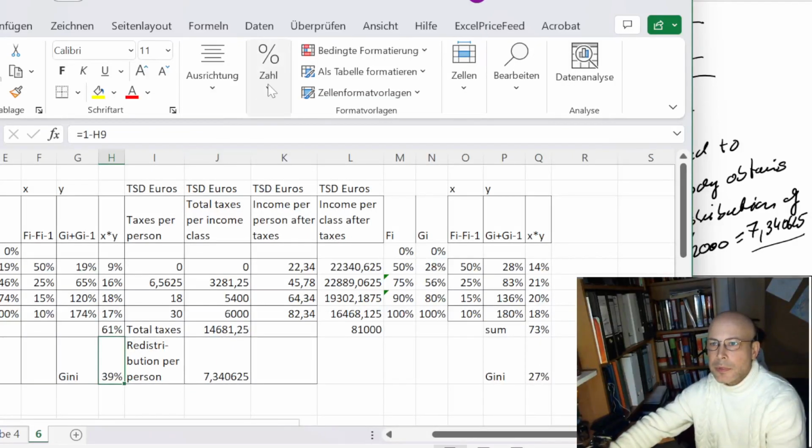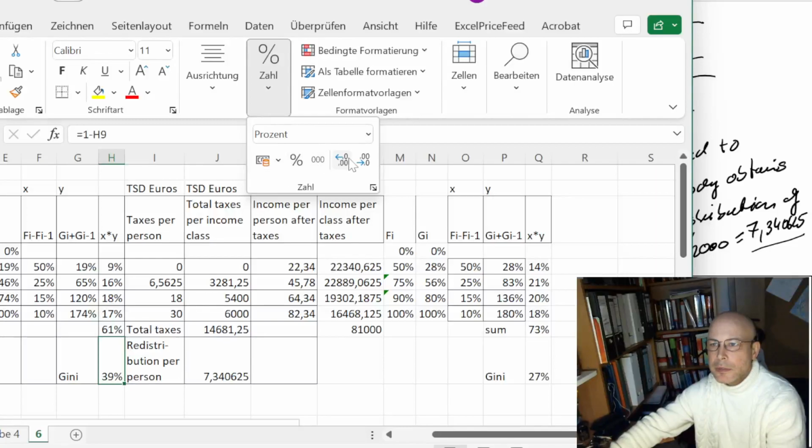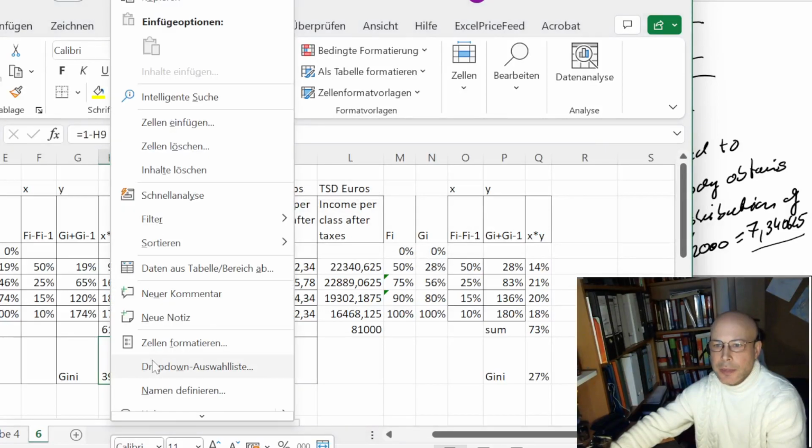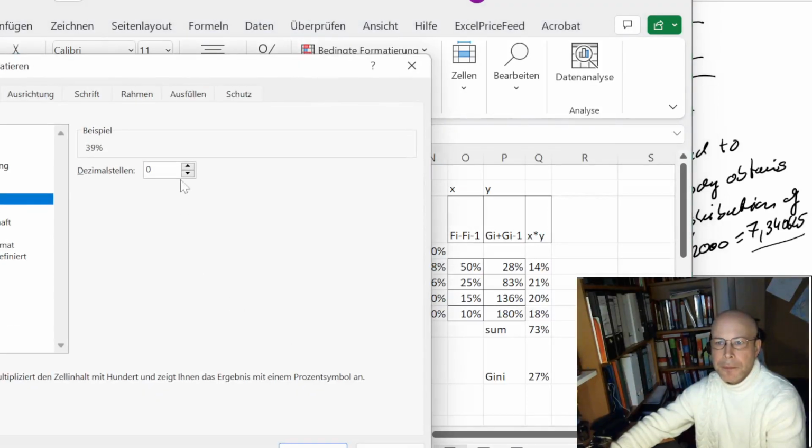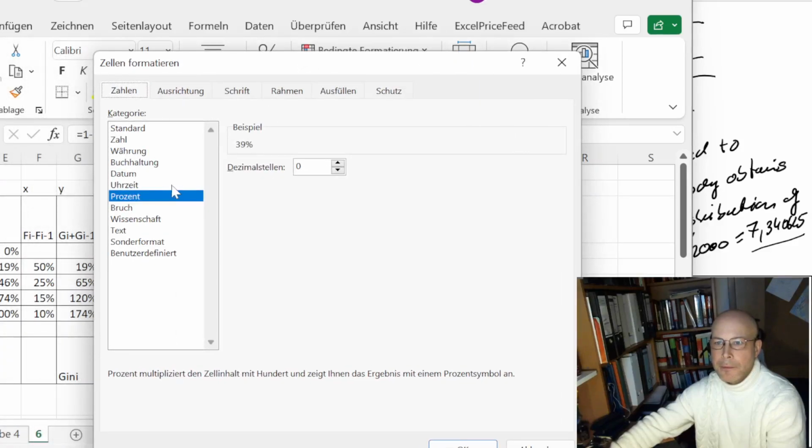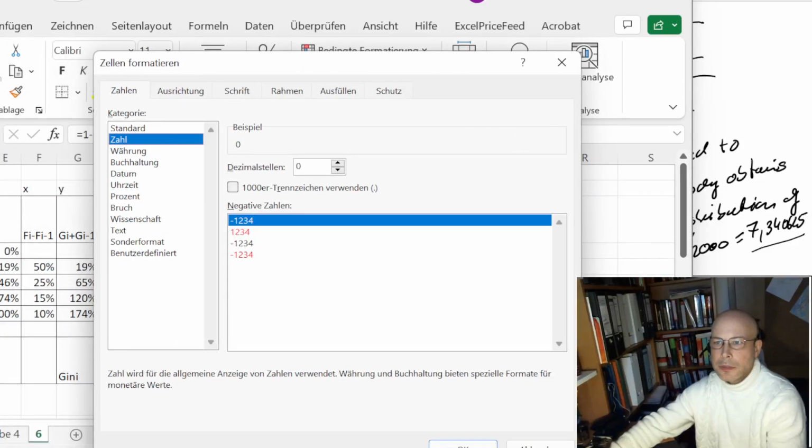Let's reformat this because the Gini coefficient is always shown as a number, number and 2 digits. Okay.